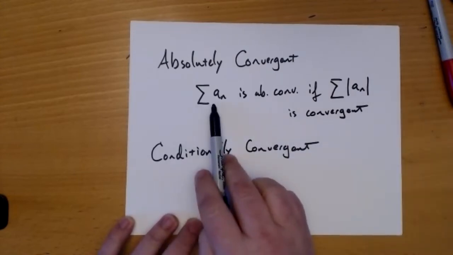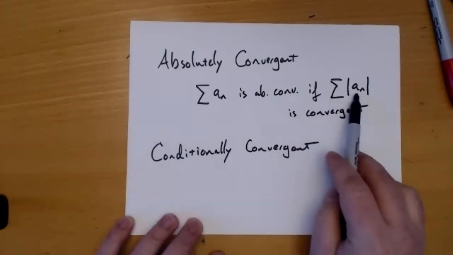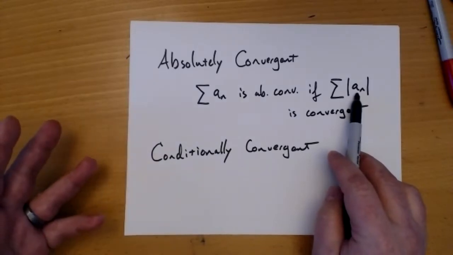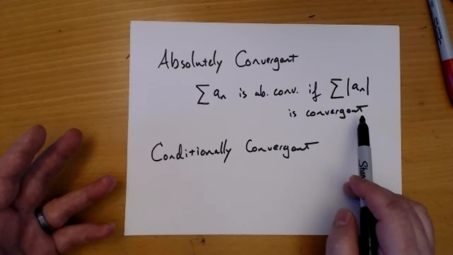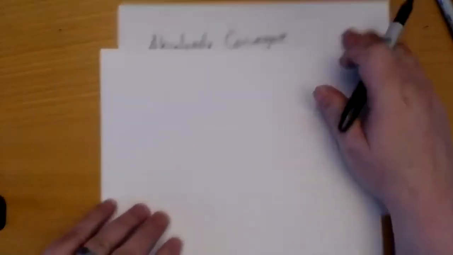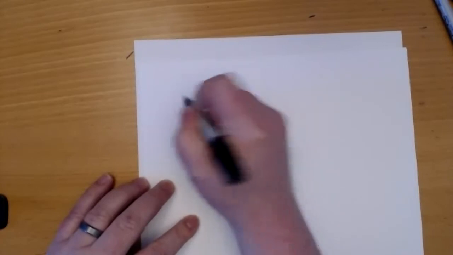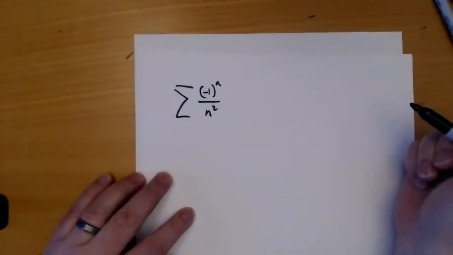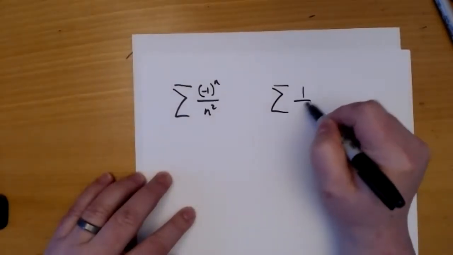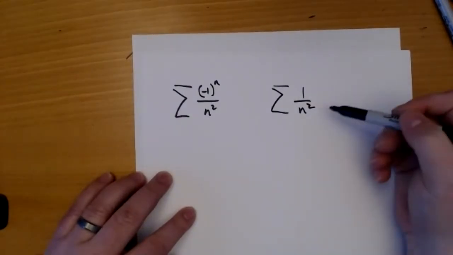A series is absolutely convergent if, when I take the absolute value, meaning basically knock off any flipper, it still converges. Okay, give you an example. Something that is absolutely convergent is that guy. He's absolutely convergent because if I knock off the flipper, this guy still converges.